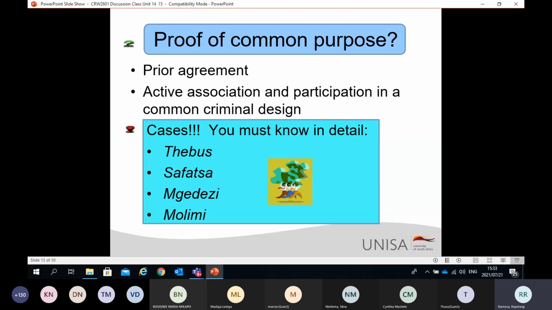And then at some point when his motionless body was brought before the crowd, and one of the crowd members expressed sympathy, this particular accused, number 4, slapped that woman. And then accused number 5 and 6 are the ones whose conduct basically was that they were just part of the group that had marched to and fro between the various instances, but there was no evidence of any conduct on their part that demonstrated their active association with the group.